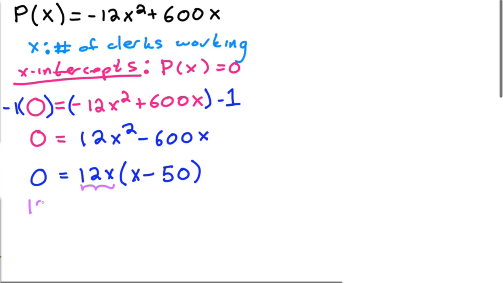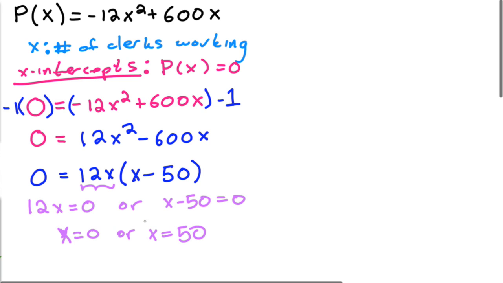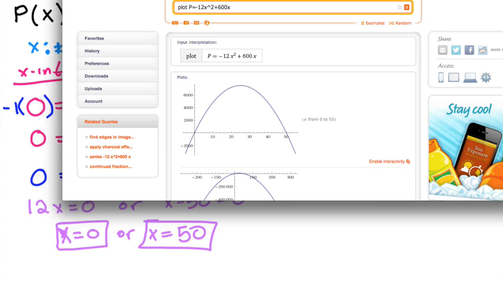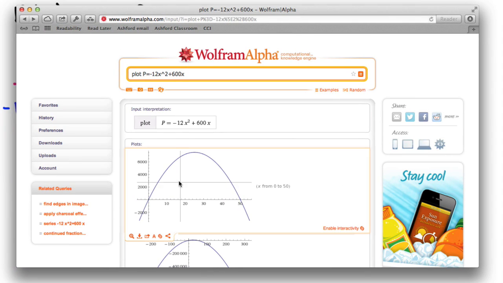So we get 12x equals 0, or x minus 50 equals 0, which means that my x-intercepts are at x equals 0 or x equals 50. And those are exactly the intercepts that we saw on the graph earlier. See? At x equals 0 and x equals 50.